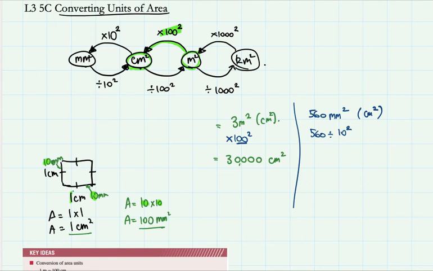As we can see here, we need to divide by 10 squared to go from millimeters squared to centimeters squared. Now if I'm dividing by 10 squared, I know it's the same as dividing by 100, so therefore this will be equal to 5.6 centimeters squared. And there's our answer. The next video we'll be looking at some worked examples.